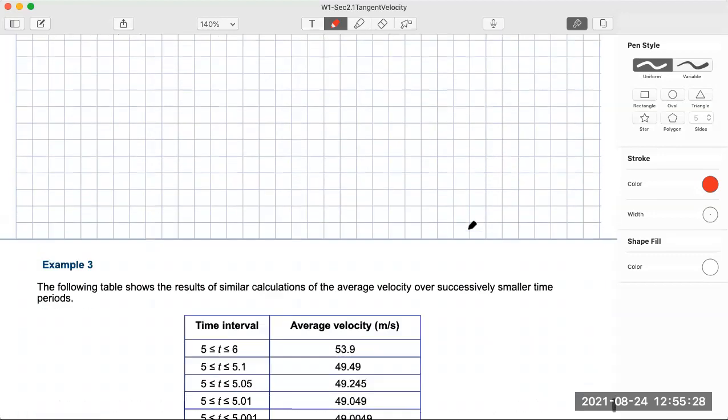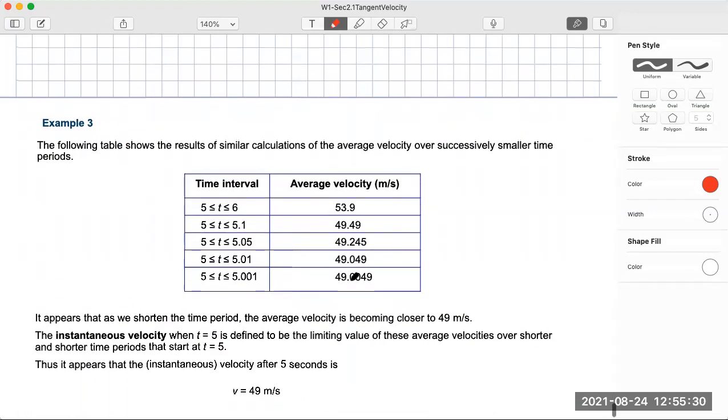And then when we do more, when we take the times closer and closer, it will approach this number, 49.0049, for example, if t belongs to the interval from 5 to 5.001. When the time interval we choose is very small, then we call it the instant velocity. Okay.